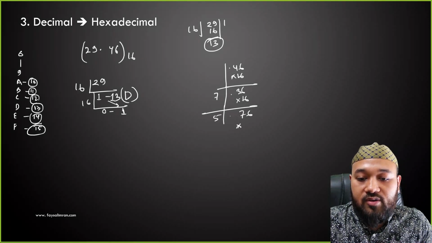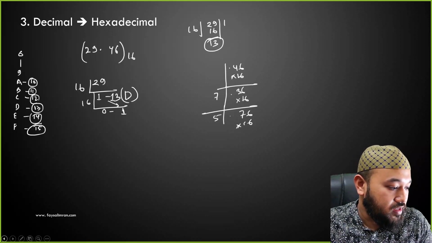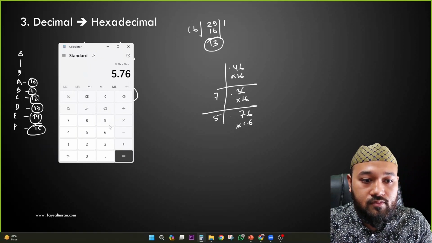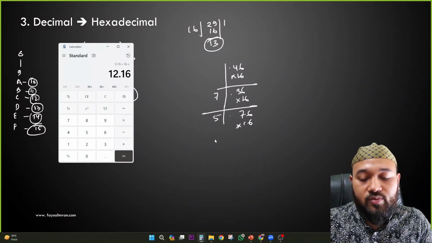Then subtracting 5, we get 0.76, and multiplying by 16, the result is 12.16.